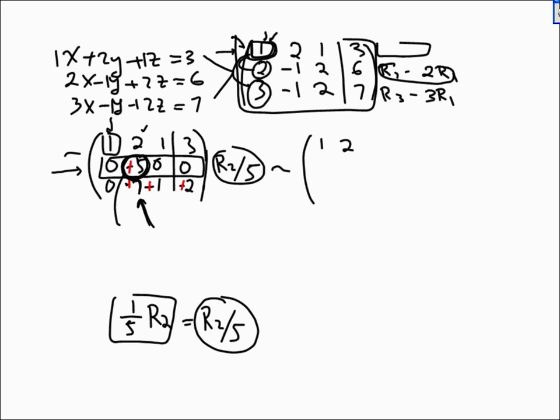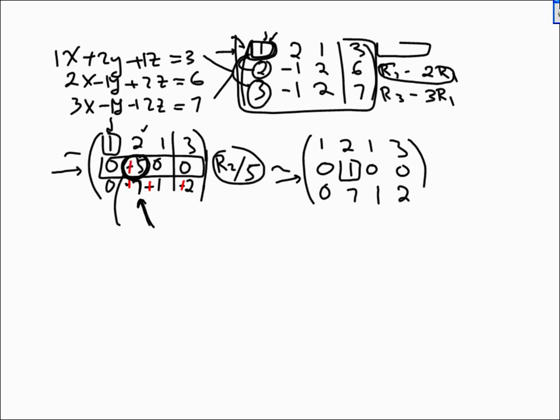I'm not changing row 1. I am changing row 2. And I'm not changing row 3. Second row, first non-zero entry: 1. 1 is a wonderful number because I can get 1 to be any number I want it to be. Just multiply by that number.